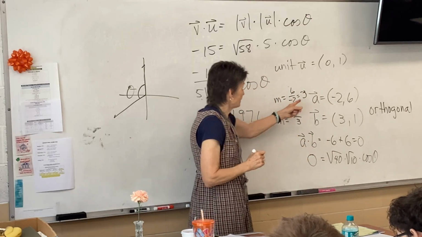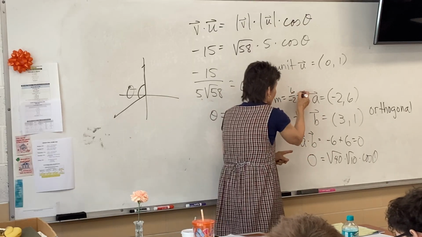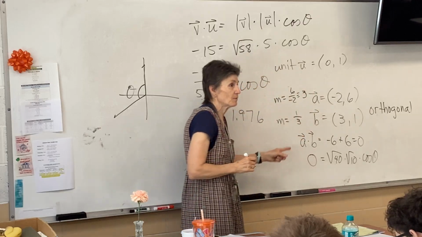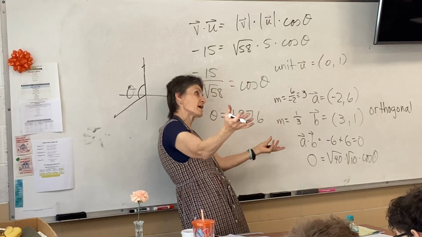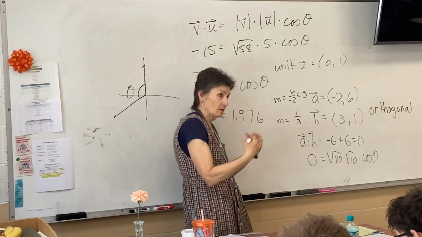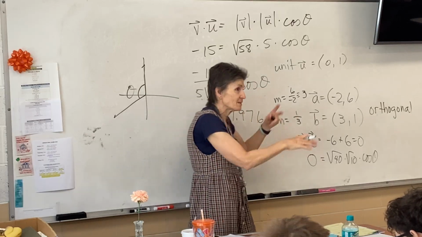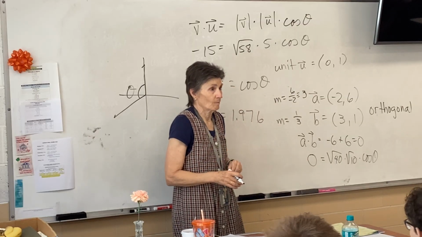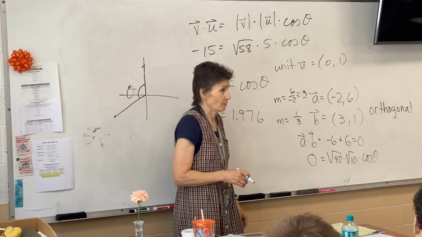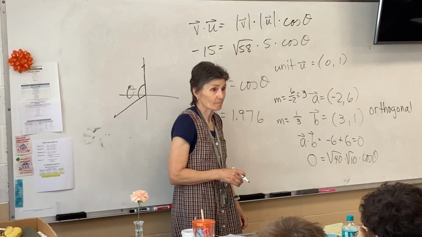Well, wait a second. This one's -3. This one's 1/3. They're opposite reciprocals, which means they are perpendicular, orthogonal. See how it all fits together? If the dot product is 0, your vectors are perpendicular. Okay?